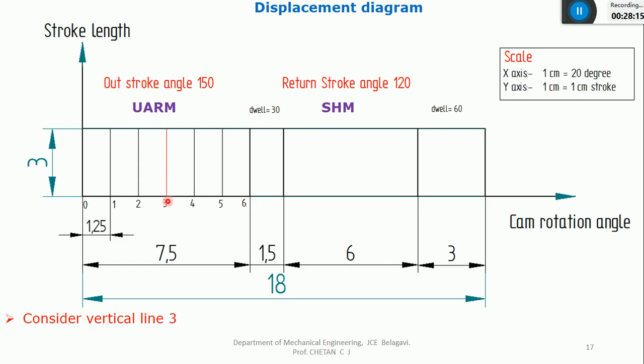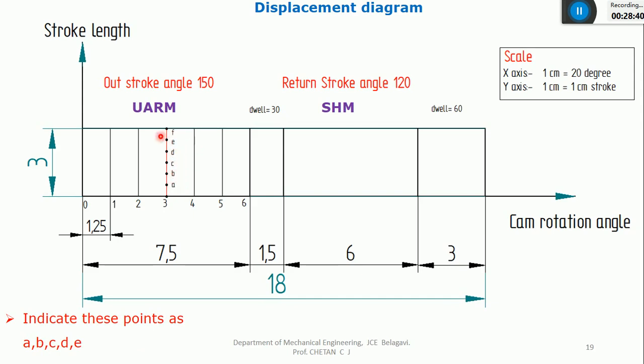What is the height of this middle line? That is 3 centimeter. I want 6 equal parts. 3 by 6 is 0.5. So each division will be 0.5 centimeter. And I'll give the naming A, B, C, D, E, F.